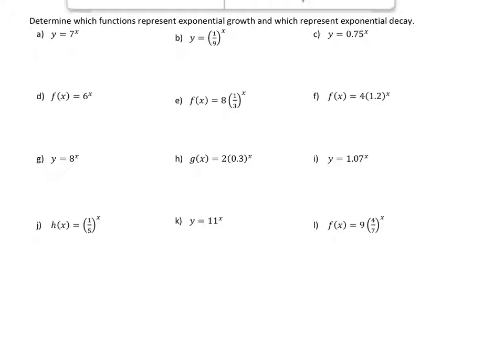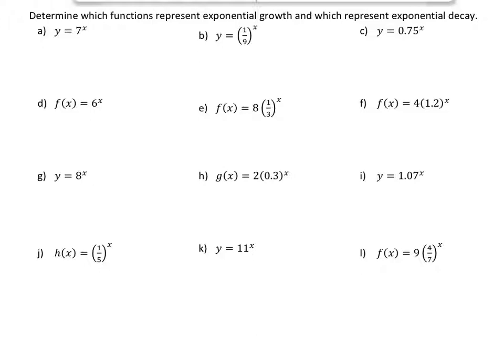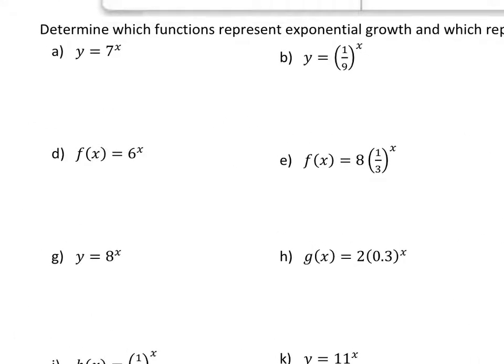Okay, so letter A. If I was to examine this, our function is y equals a b to the x. All right, so in this, the thing that is being raised to the x power is 7, so that's our b. 7 is greater than 1, so this is growth.